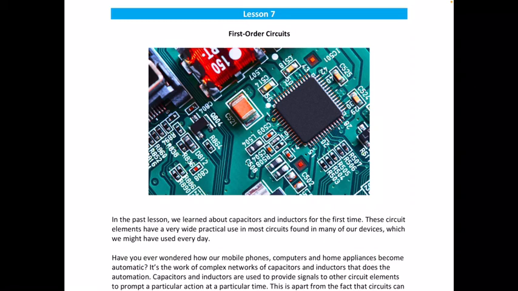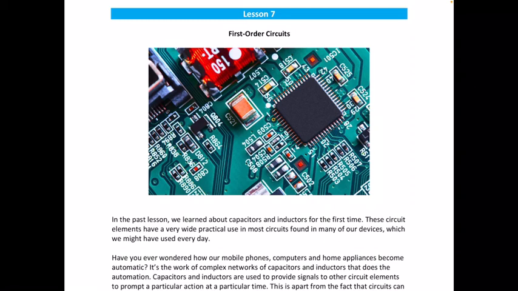But in reality, capacitors and inductors operate with respect to time, because capacitors and inductors are energy storage elements, and storage elements generally function with time.